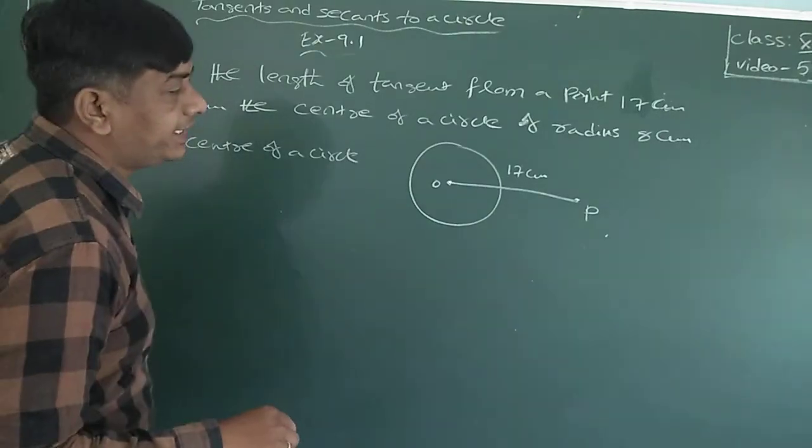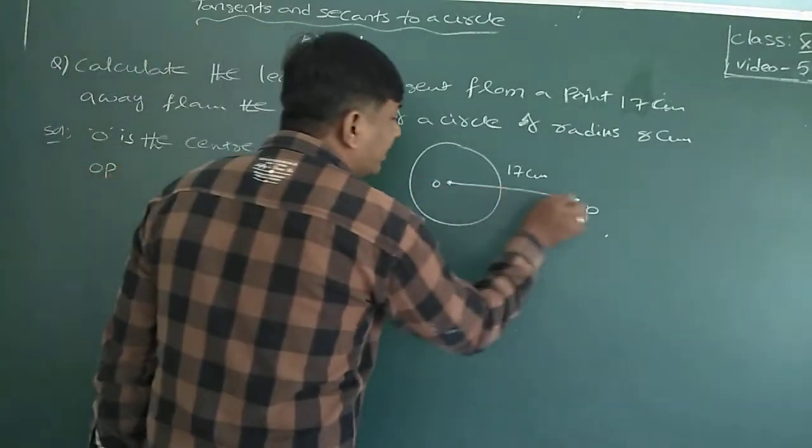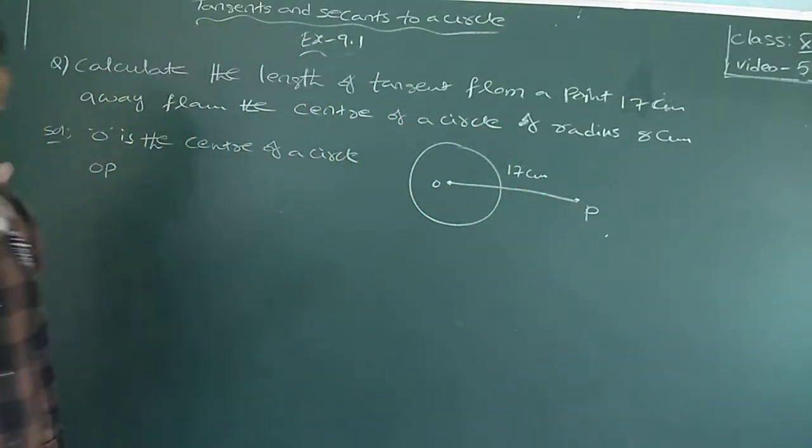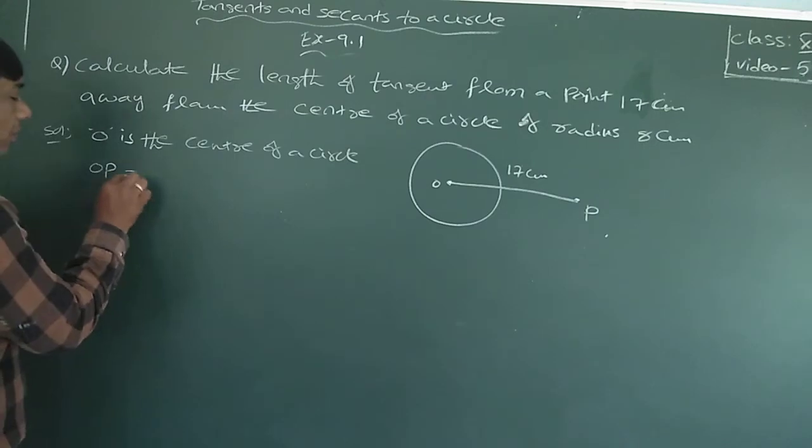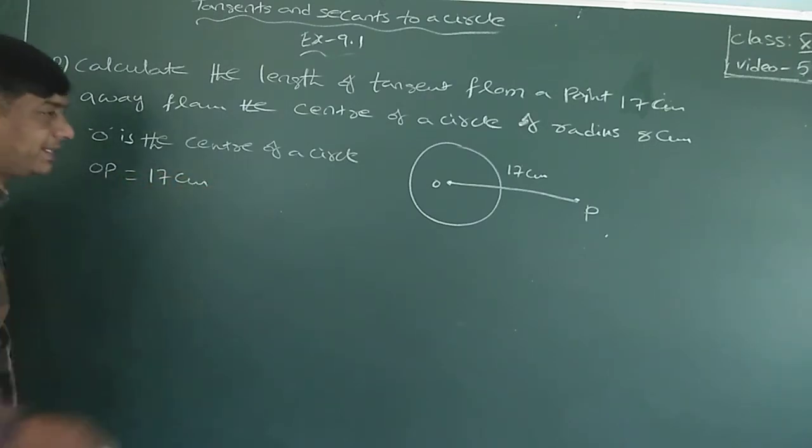OP is the distance from the center to the point. P is outside of the circle. OP is equal to 17 centimeters.